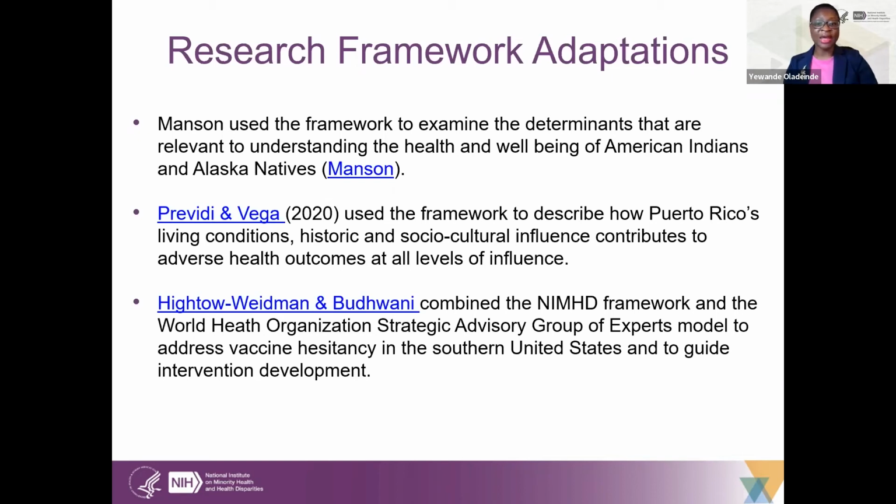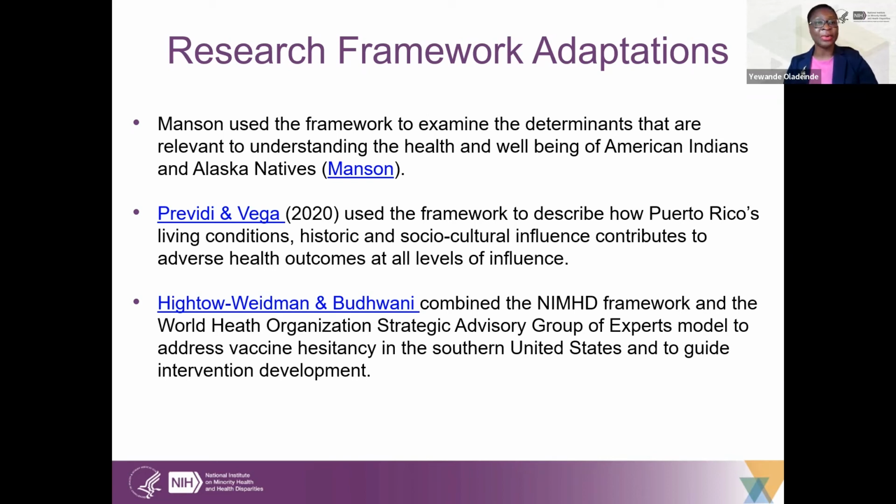And so when Manson and colleagues use this framework, they use it to examine the determinants that are relevant to understanding the health and well-being of American Indian and Alaska Native populations. And so they focused only on two domains of influence, the sociocultural environmental domain, and also the healthcare system domain of influence across all levels of influence.